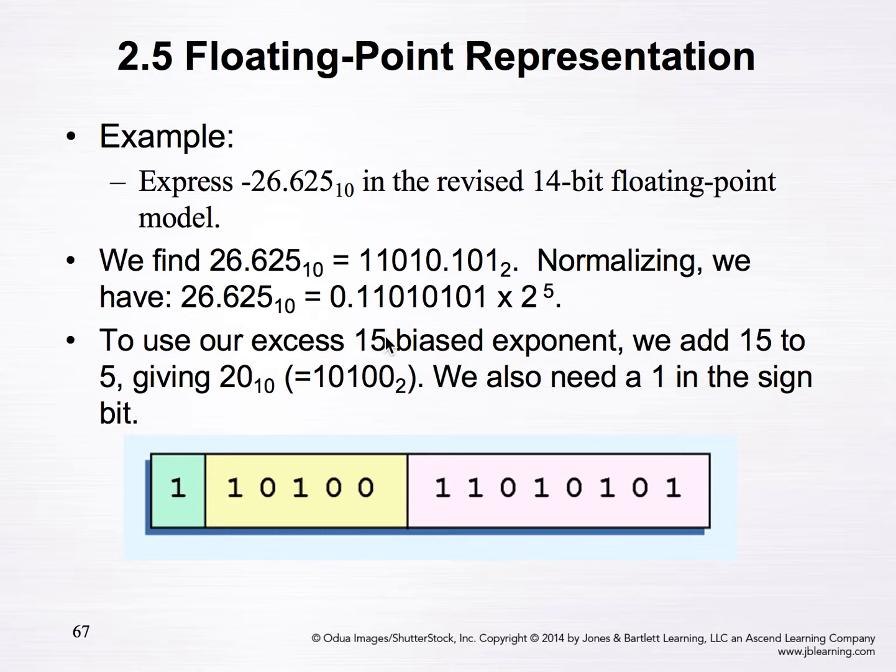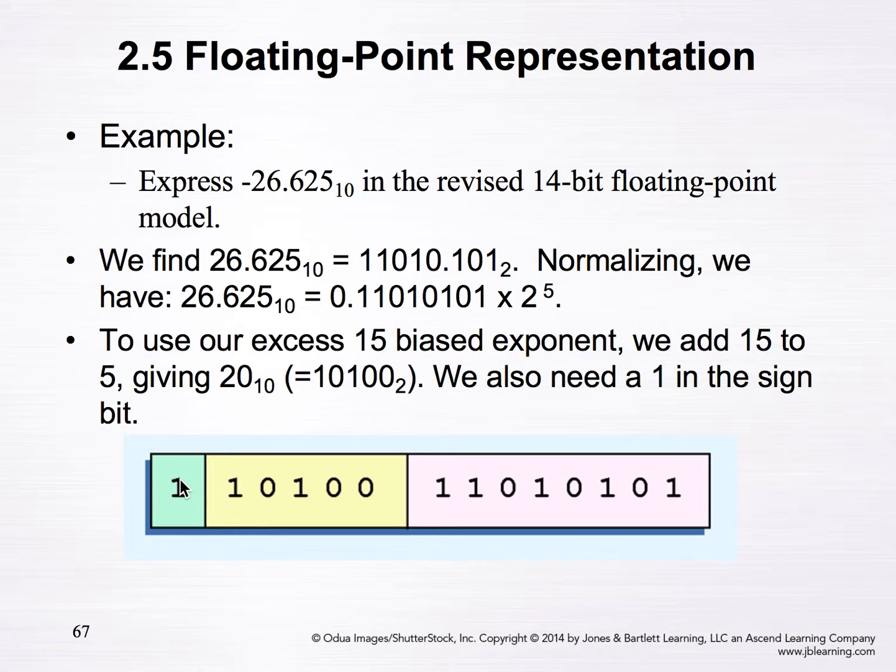Also, we know that we're going to use the excess 15 biased exponent. So 5 right here, we add to 15, and then we get 20. So 20 is represented in the binary string right here, and that is put into the exponent part of the model.